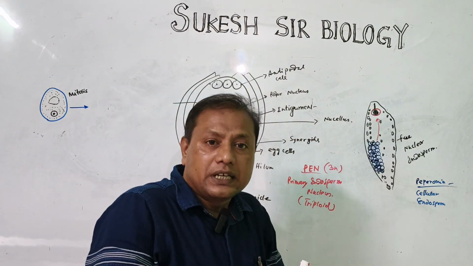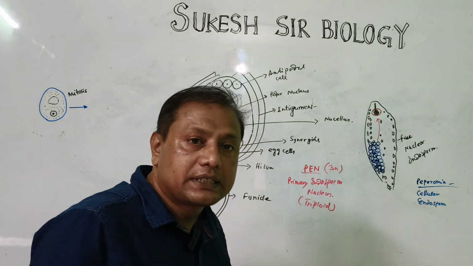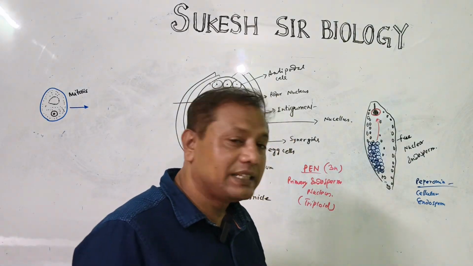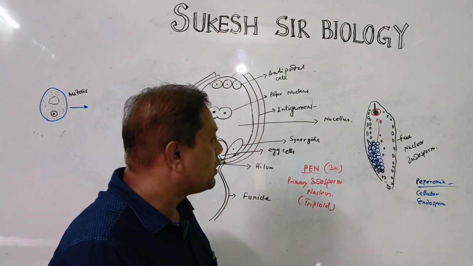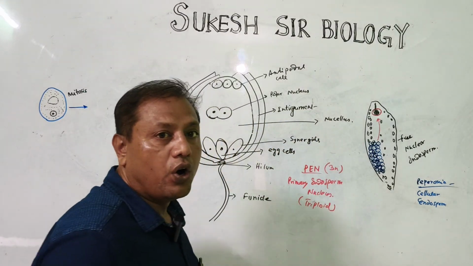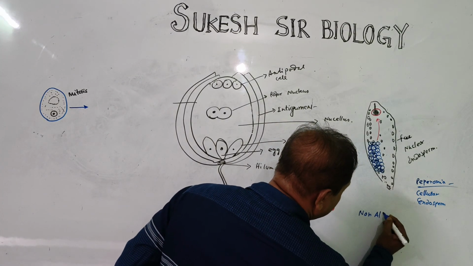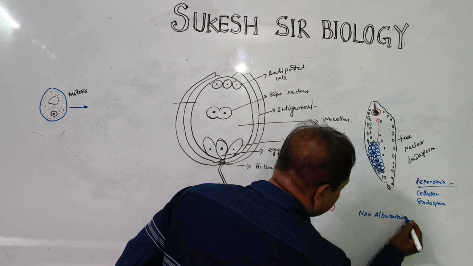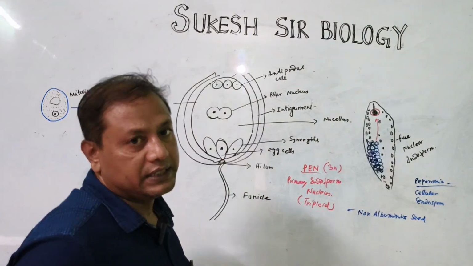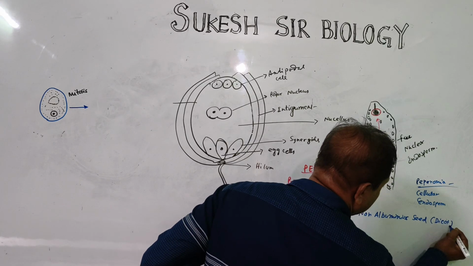After that, when the cotyledon develops in a dicotyledon, all the endosperm is utilized. When the embryo ultimately becomes a seed, this type of seed we call a non-endospermic seed, or non-albuminous seed, where all the endosperm is utilized. Basically, we find this in dicots.